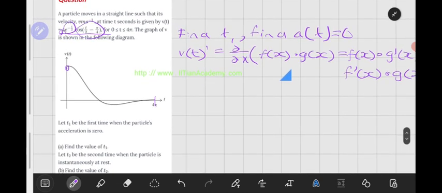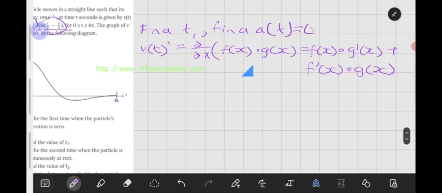Now some more rules here. So that's one of the rules, and then we have to use the rules for differentiating a function of base e and a cos function.